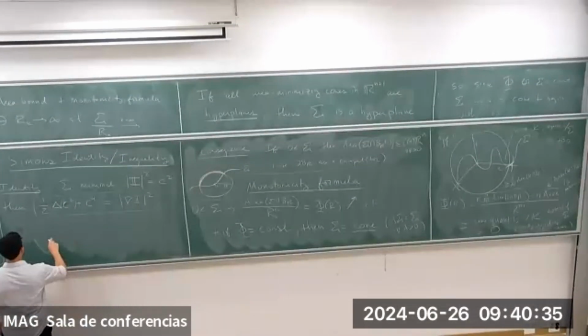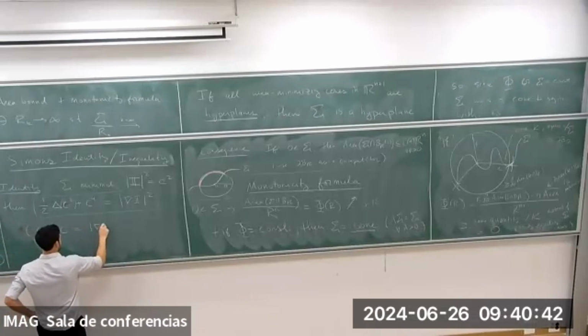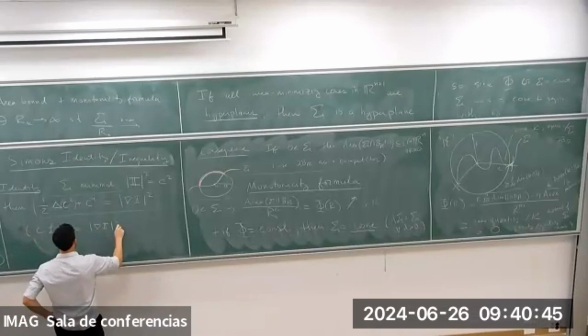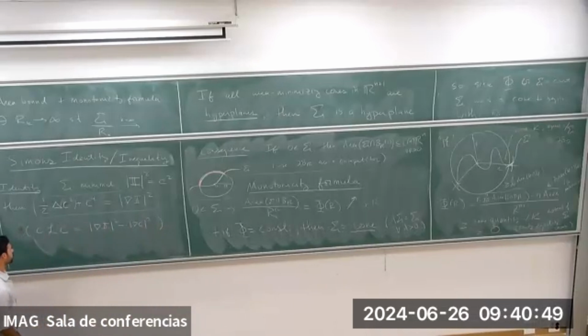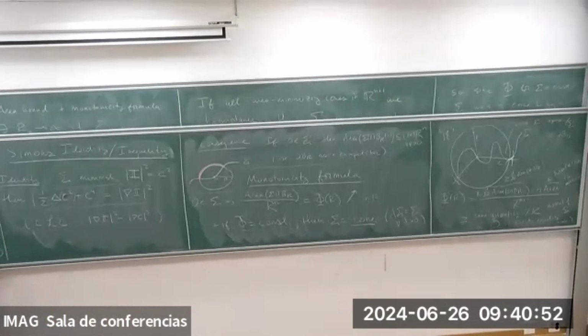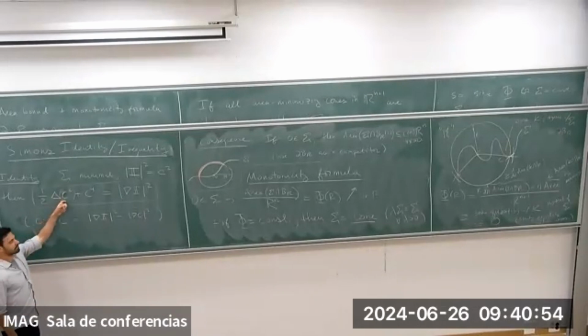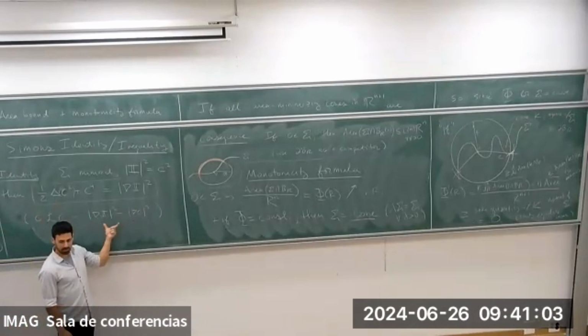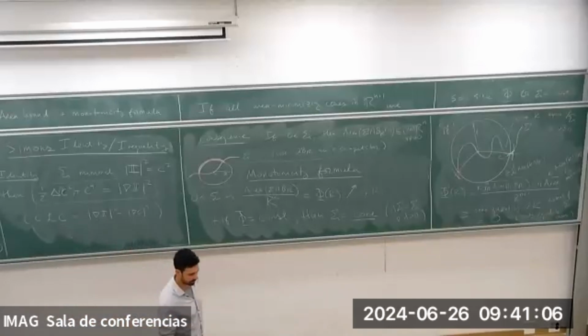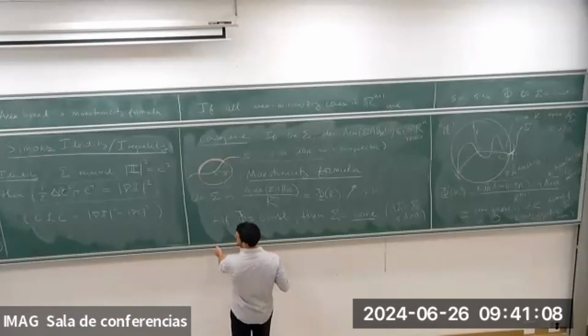Or another way of writing this is c times the Jacobi operator applied to c. I just expand this. All right, so if we want this to be positive, I need to get some sort of bounds for this quantity right here. Show it's non-negative. And that's the Simons inequality.